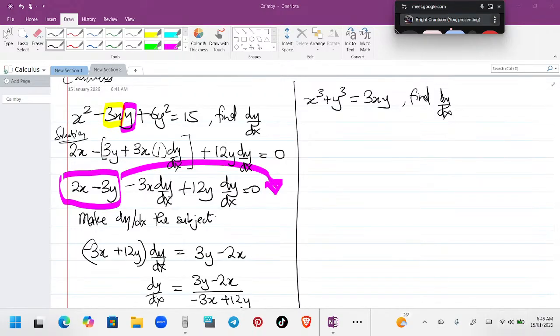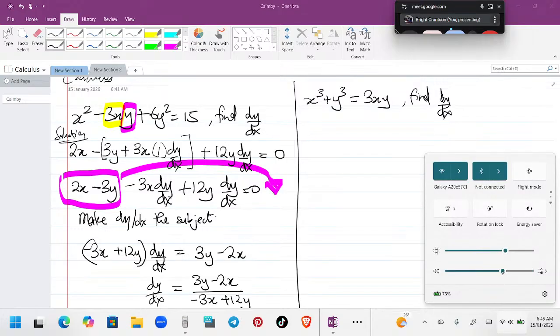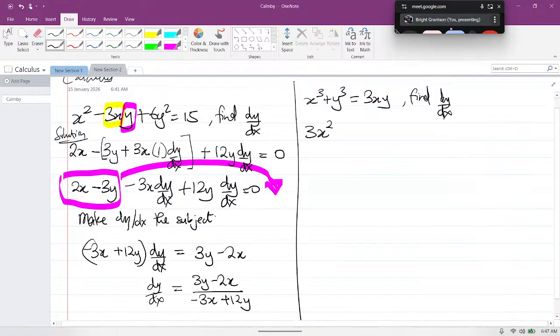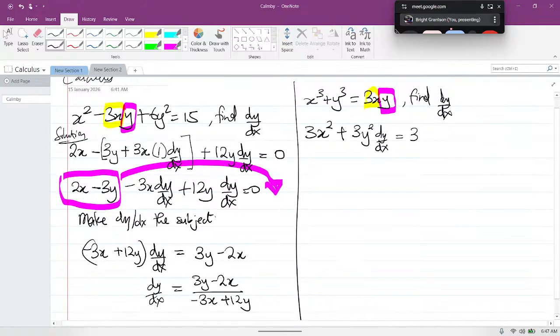You have 3x squared plus 3y squared dy/dx is equal to, now here's a product function, so you have to separate them. 3x times y.